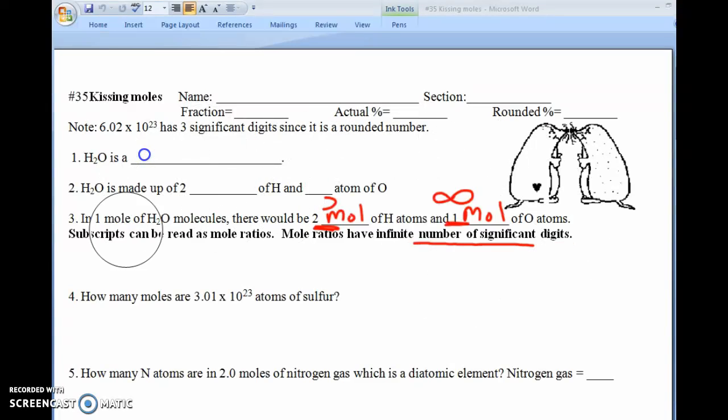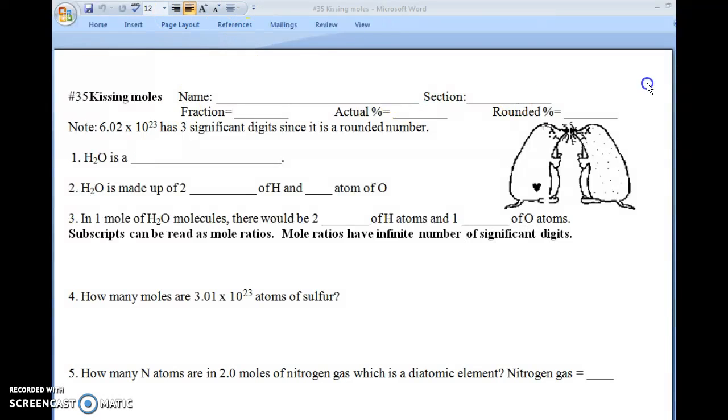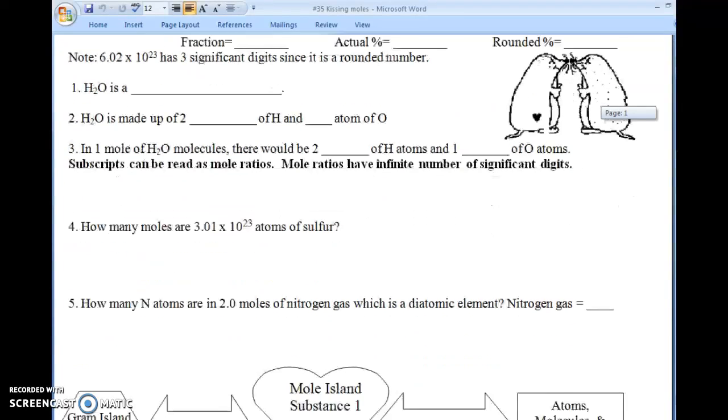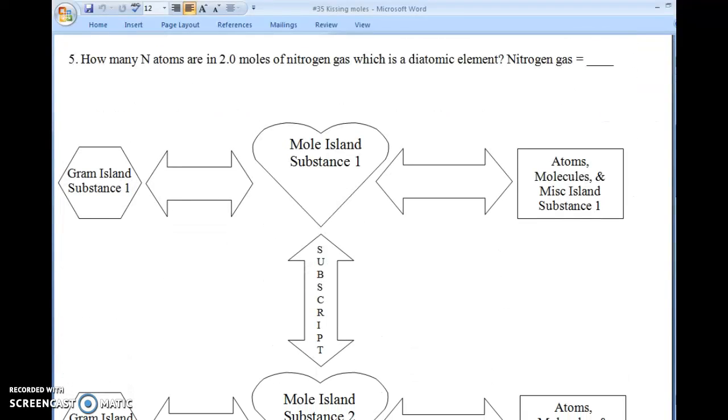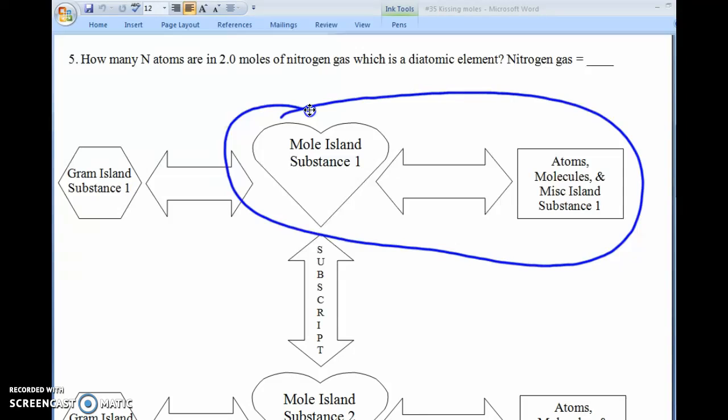It'd be very handy if you had your calculator. Pause the video every once in a while. Today we're going to be using the mole map that's down below. It's also on the cover of your unit pack. Today we're going to spend our time between this island and this island.